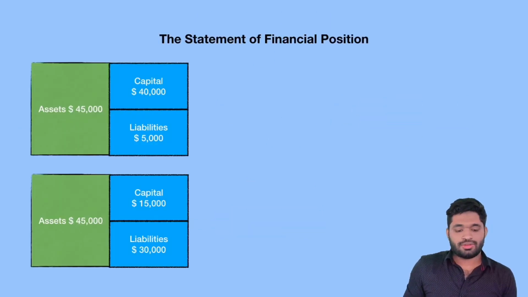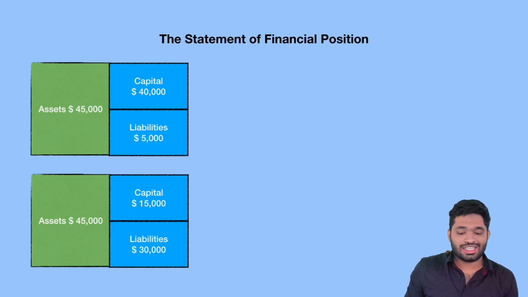On screen you have 2 organizations. One organization has assets of 45,000, where capital is 40,000 and the liabilities is 5,000. So the owner has introduced 40,000 to the business, and other people from the external parties, you have only received 5,000. Okay.